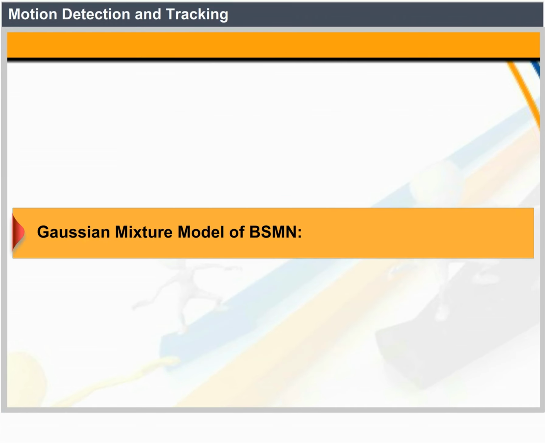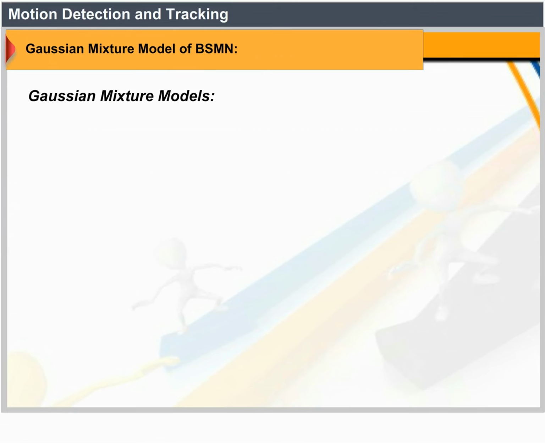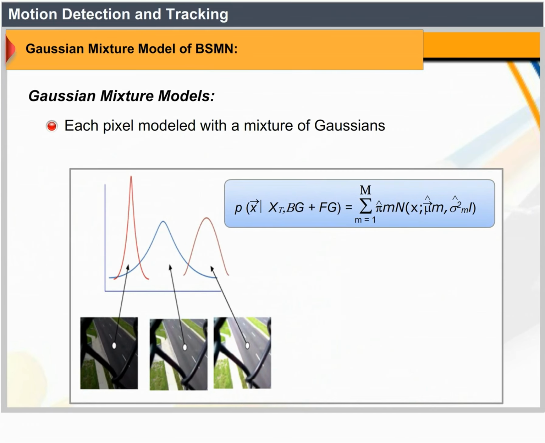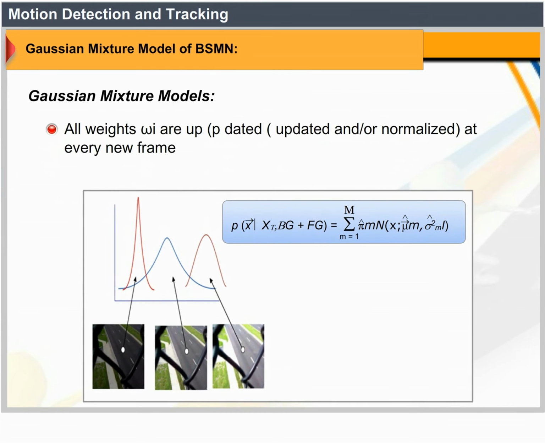Gaussian mixture model of background subtraction. Each pixel is modeled with a mixture of Gaussians, flexible enough to handle variations in the background. An example is shown on the screen. All weights wi are updated and normalized at every new frame.